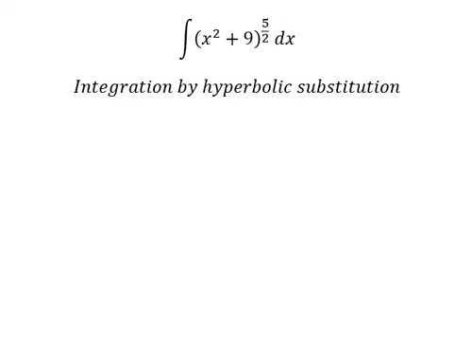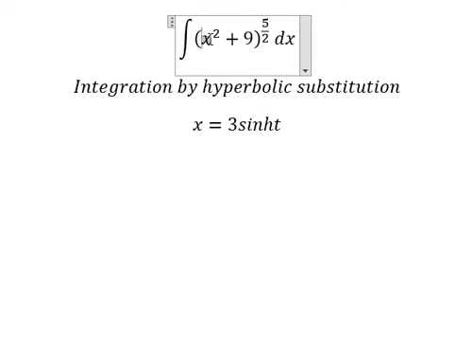So I will put s equals 3 sinh t in here, because if I put this one here, we have 9 sinh t squared, 9 and 9. We can do factorization. Sinh t squared plus 1, that is cosh t squared, and later we simplify this one.